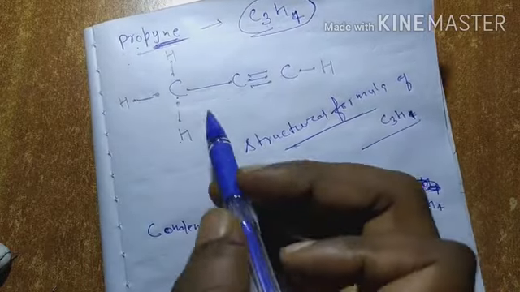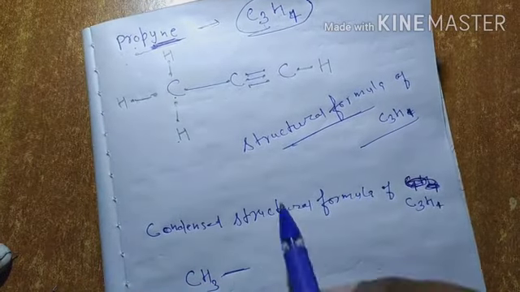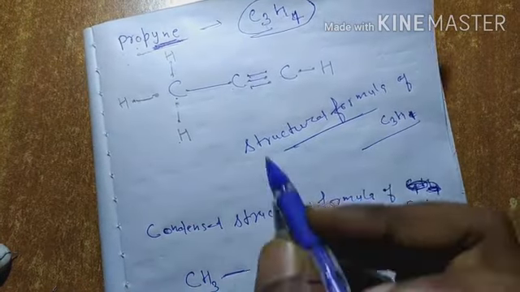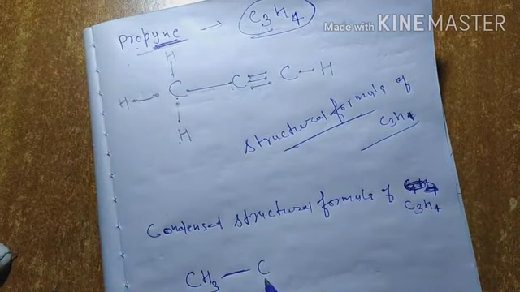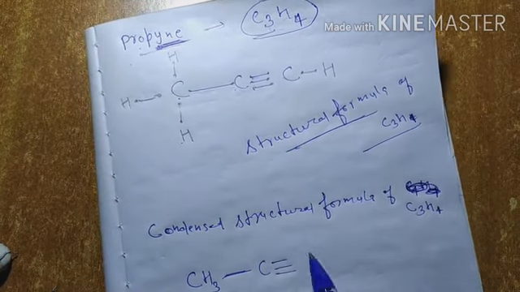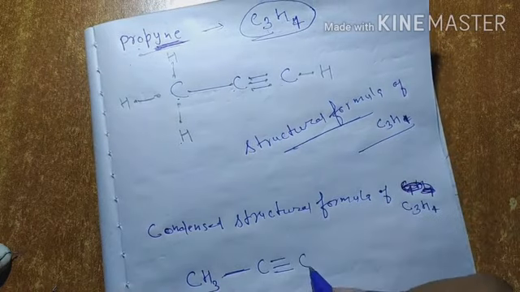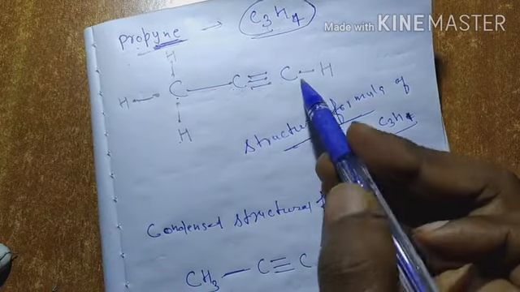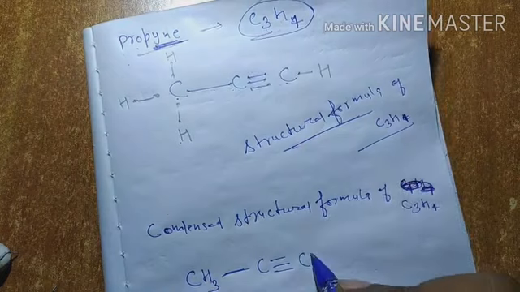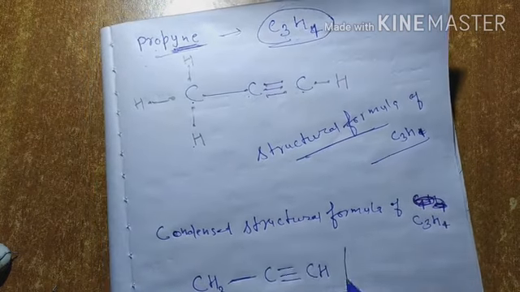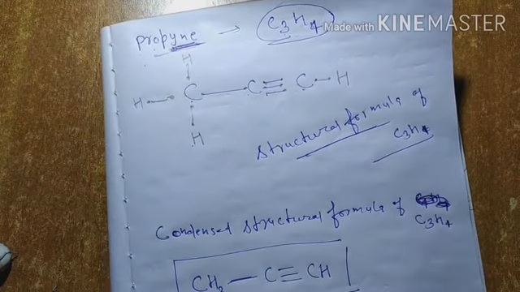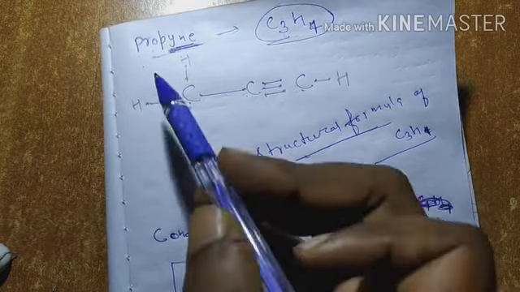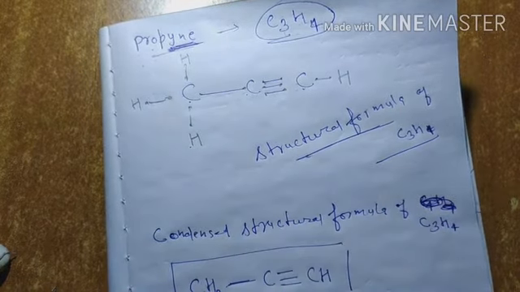Single bond here. For this C there is no hydrogen, so no need to put any hydrogen. Then a triple bond is here. Then this carbon atom, from which there is 1 hydrogen. So this is the condensed structural formula of propyne.